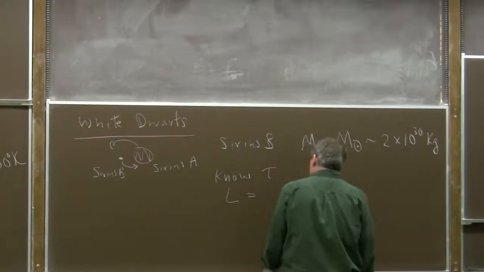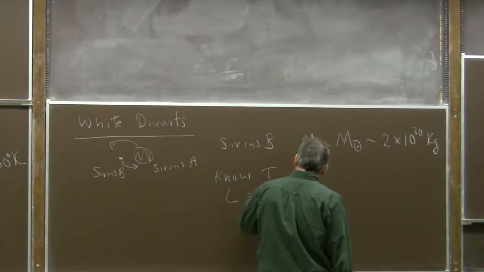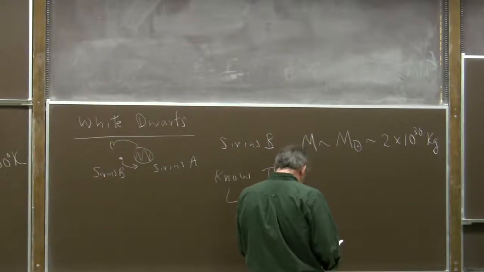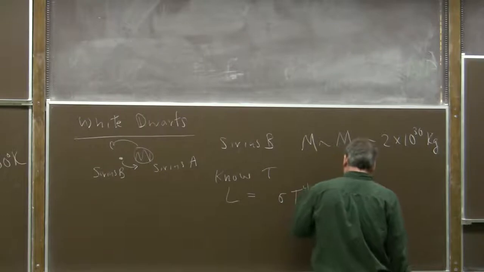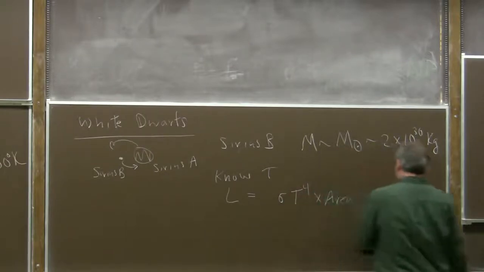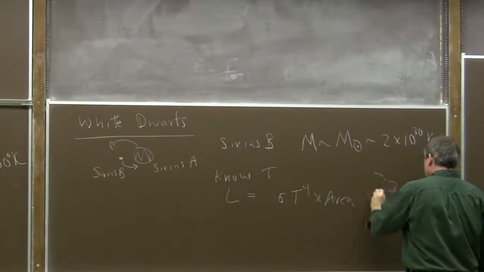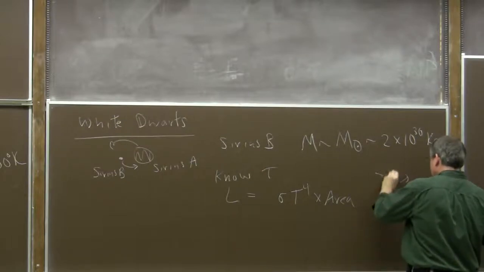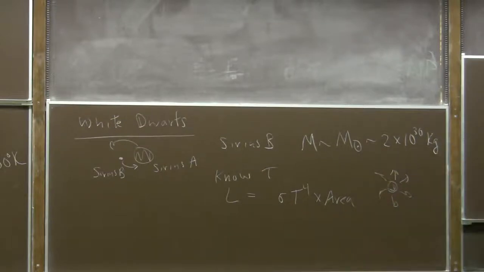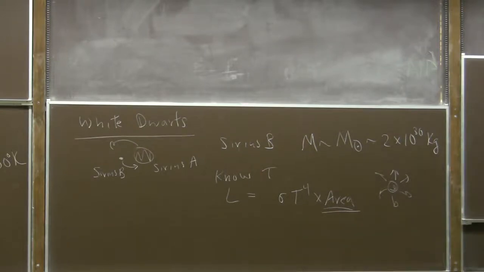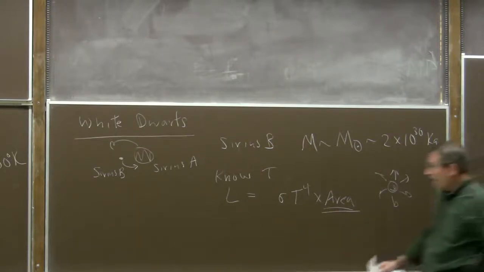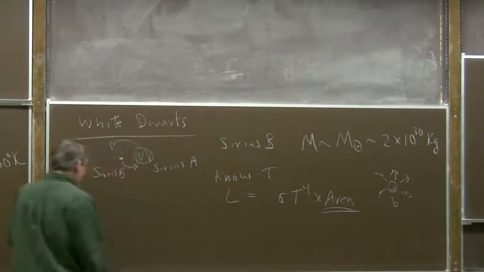And the luminosity is given by Stefan Boltzmann, right? Because it's the Stefan Boltzmann constant times temperature to the 4 times the area of the surface of the star. It's emitting like a black body at some known temperature. We know what the luminosity is, and therefore we can figure out what the area is. So we know how big Sirius B is. And how big is it? Anybody know how big it is?